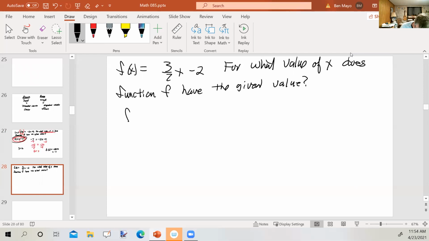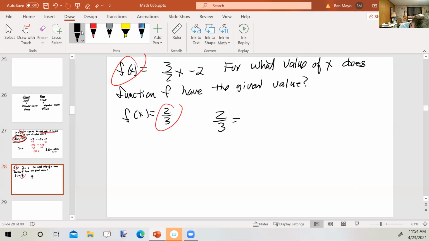And it says f of x equals 2/3. So what do we put in to get 2/3 out? So we already know what's going to come out, 2/3. So 2/3 is the result of what x value plugged in. So take this equation and solve it for x.